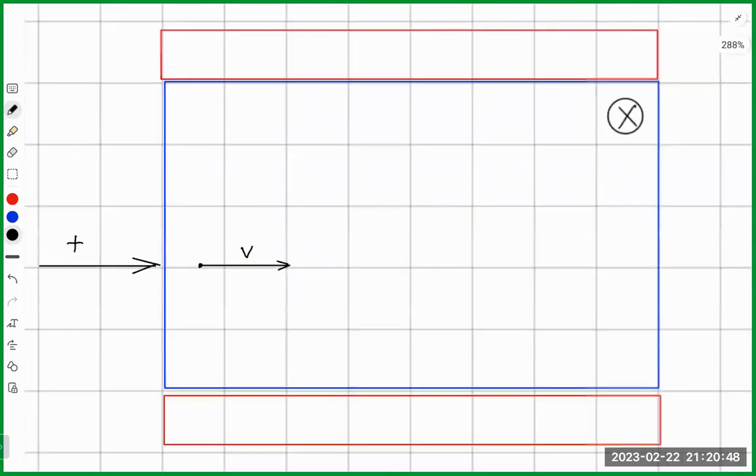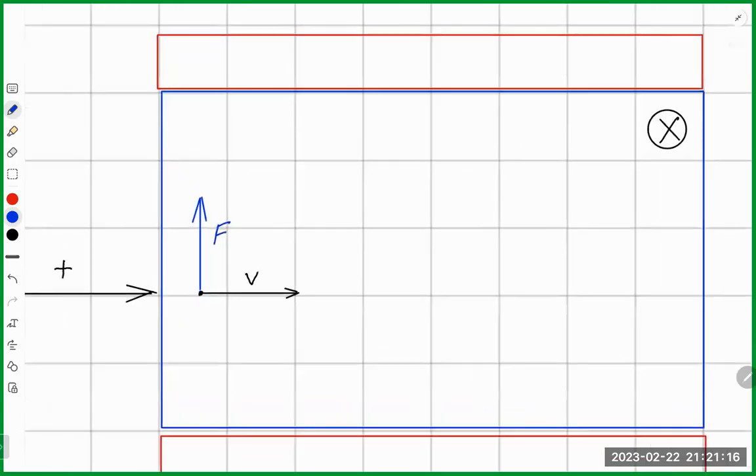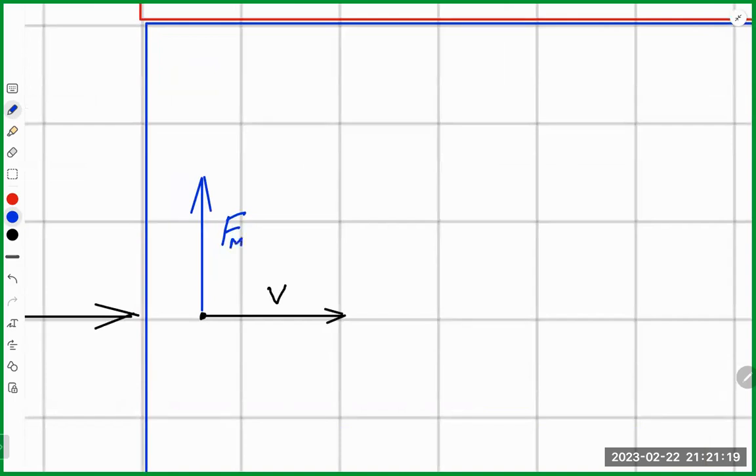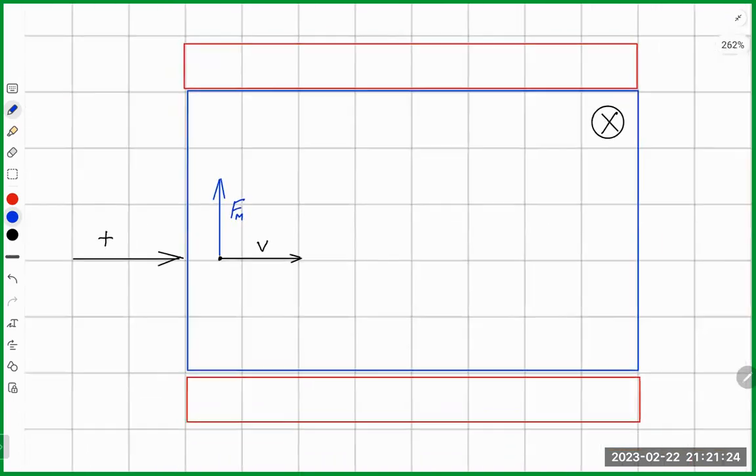If your fingers are stabbing into the screen and your palm is towards the right as the direction of the velocity is, the force that it should experience should be upward. So force is upward. And remember, this is magnetic force. I will name it Fm. And don't forget it is a positive charge.